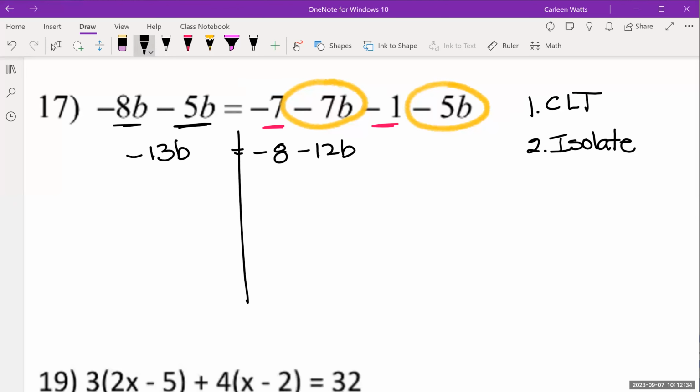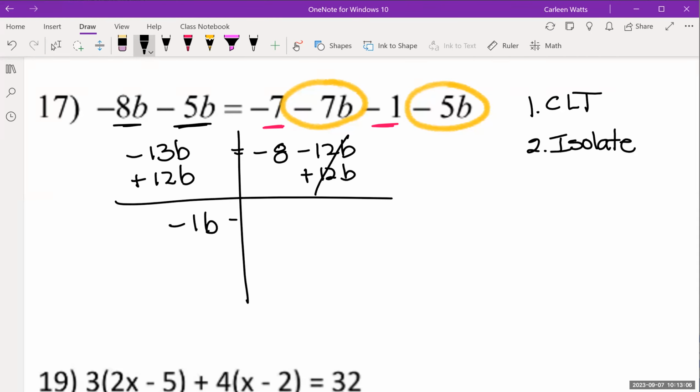So in order to move the minus 12b, I'm going to add 12b to both sides. Cancel. Now, negative 13 plus 12, I can see that my negatives are more powerful.